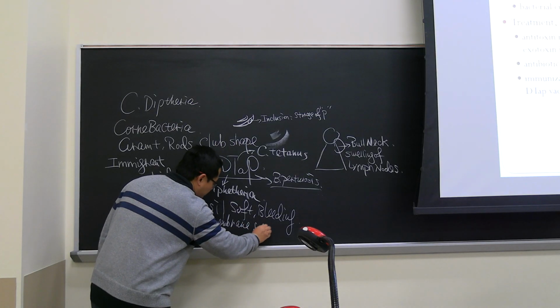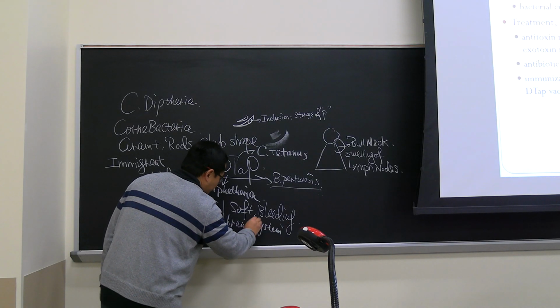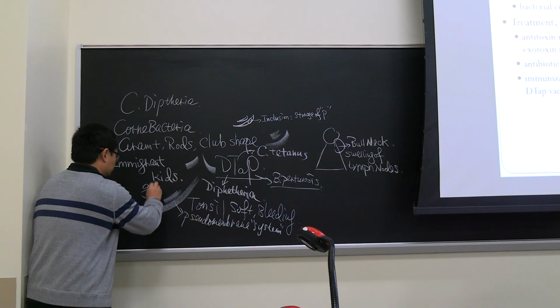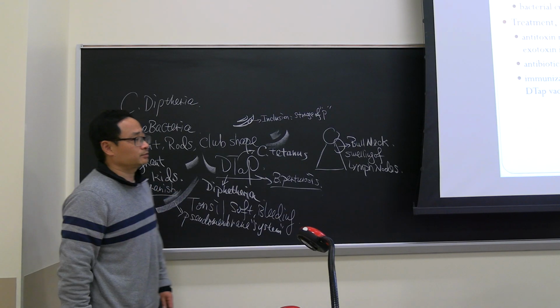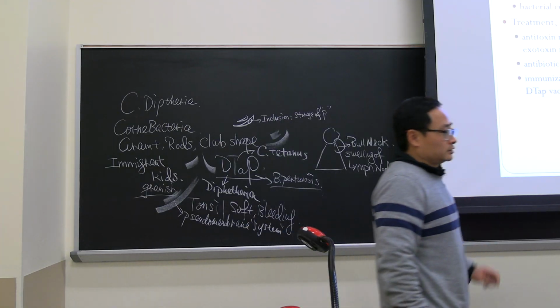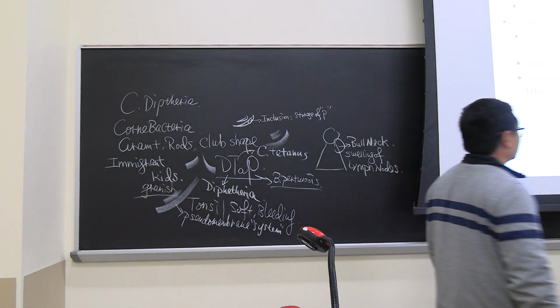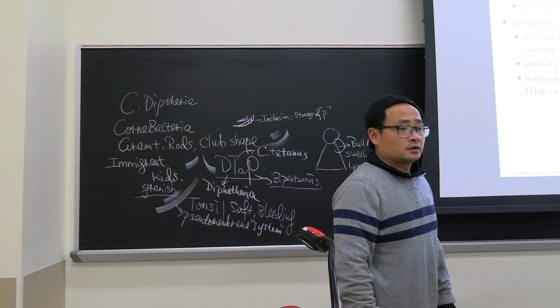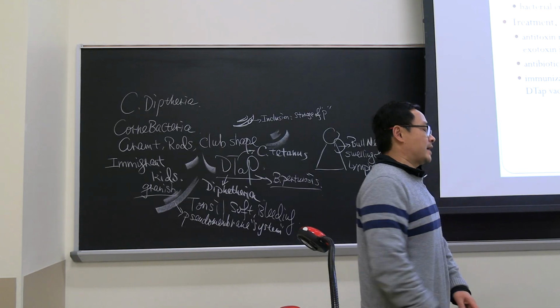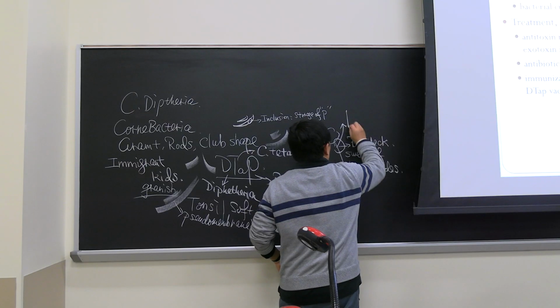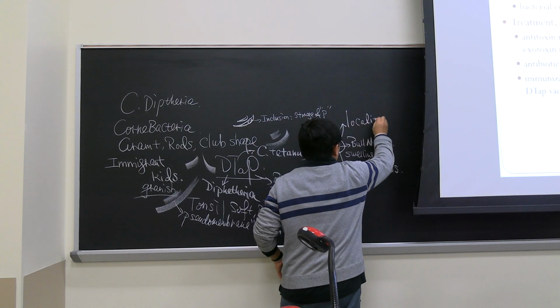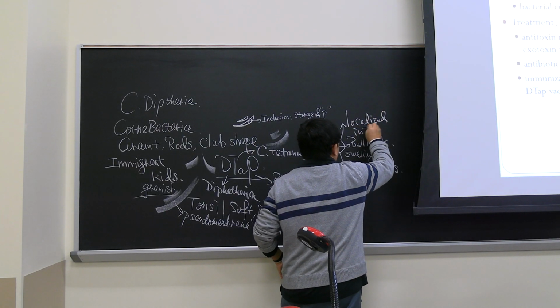We can say a soft, greenish pseudomembrane. That's a typical symptom right there for Corynebacterium diphtheriae. The diphtheria bacteria is localized in the tonsil.